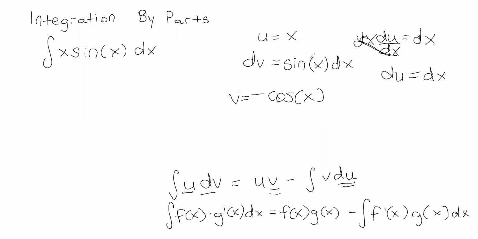So now let's go ahead and plug things into the general formula. After we have our expression written in terms of a u and in terms of a dv, we want to multiply u times v without an integral sign. So this is just an ordinary expression, no integrals in this part. This is going to be u times v, u is x, v is negative cosine of x.